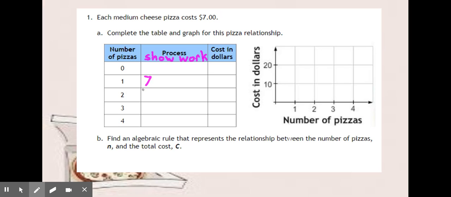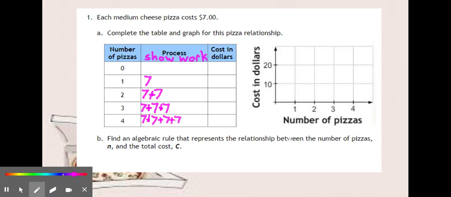For 2 pizzas, it cost $7 plus $7. For 3 pizzas, it cost $7 plus $7 plus $7. For 4 pizzas, it cost 7 plus 7 plus 7 plus 7.